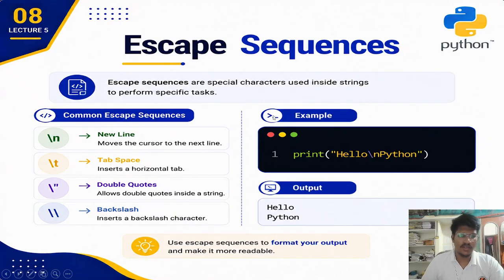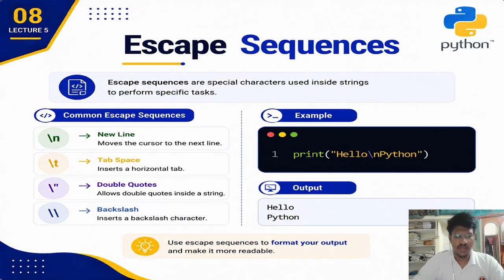You can see here the backslash followed by a specific character. The backslash tells Python, hey, ignore the normal meaning of this character. I want you to do something special with it.